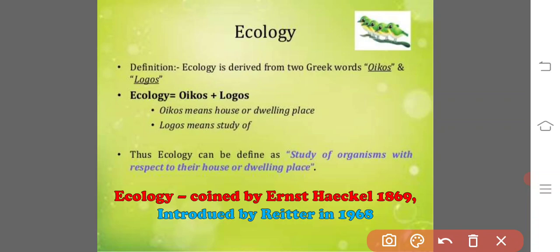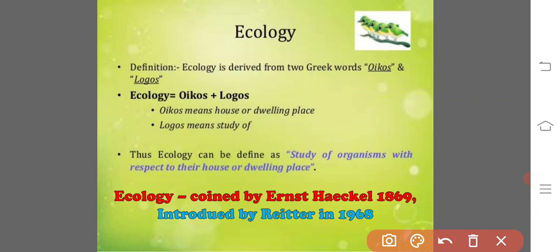And G.L. Clark defined ecology as the study of interrelations of plants and animals with their environment, which includes the influence of other plants and animals as well as those of physical features.